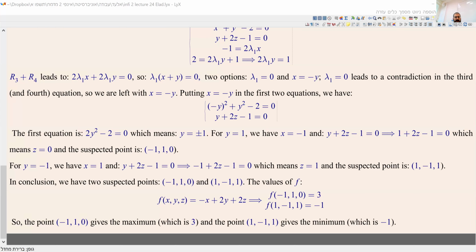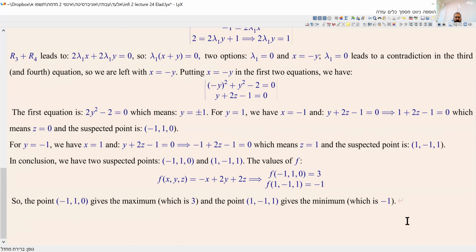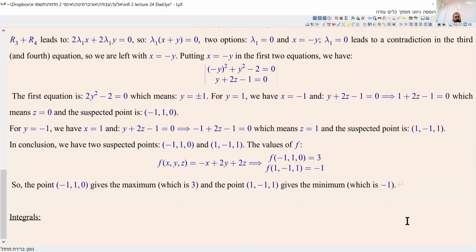So I move to the very last topic in our course, integrals. Now, in integrals, we will discuss, I may mention from time to time what we do when there are more than two variables, but all the examples will be about two variables.